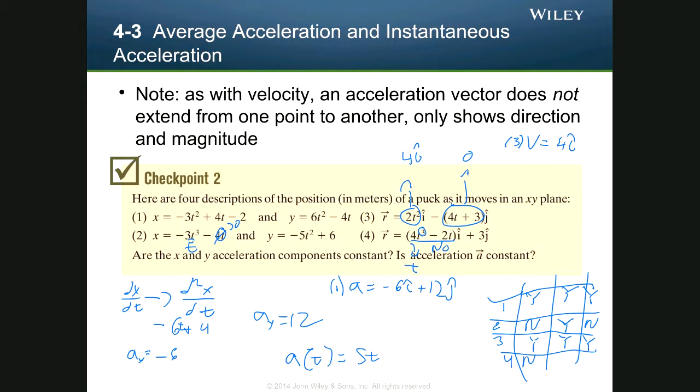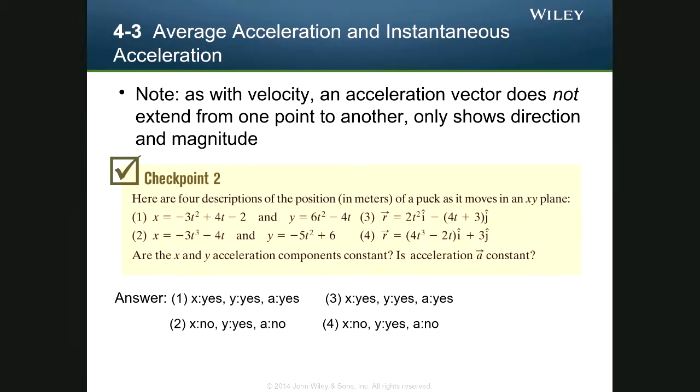So we know automatically then that the total is no. Now we just have to look at this part. The derivative of a constant is always 0. So this will be yes. Okay? So hopefully that makes sense. I'll leave it up there so that the video can be paused and looked at. But let's move forward. We can see that we got the checkpoint correct.